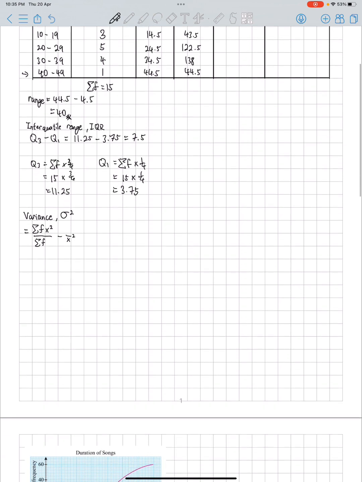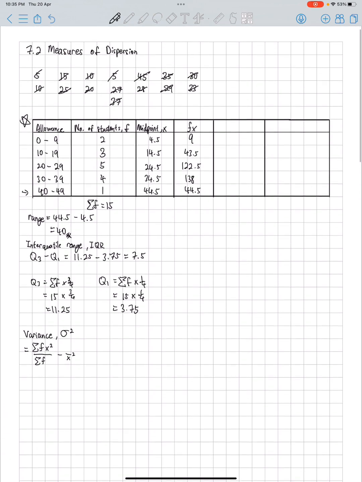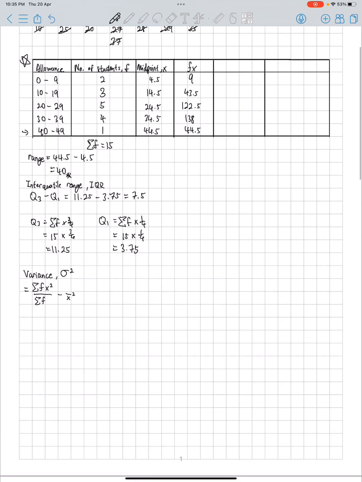So here this column will be the x square. So x square is just 4.5 square. So you will get 20.25, and the list goes on. So I will write it out.